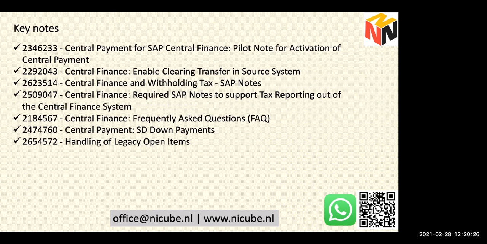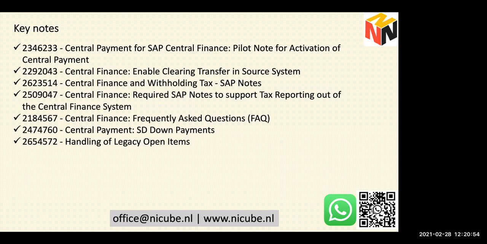Then there are a few other notes, and with central payment, SAP is also now saying do your central tax reporting from CFIN system, because they have introduced additional checks which are related to central taxes, so that what taxes are in ECC, they are similar in S4, so that your central finance system is completely in line with ECC.